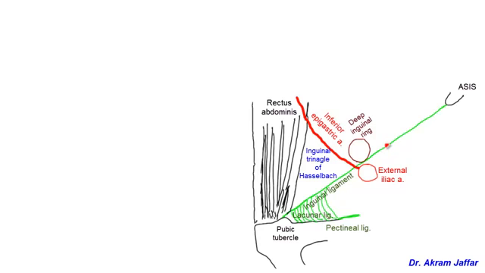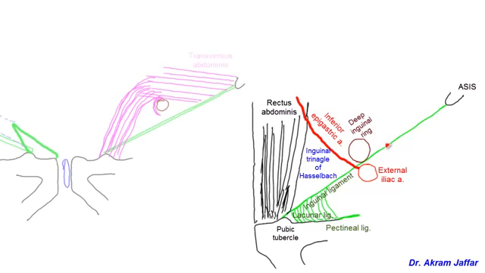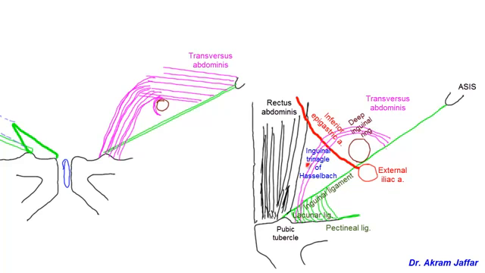So I'm going to draw the transversus abdominis muscle, and as has been mentioned earlier, it arises from the lateral third or lateral half of the inguinal ligament. So these are the fibers of the transversus abdominis muscle. The lowermost fibers arch down and are attached to the pectineal line of the pubis, and they constitute part of the conjoint tendon.